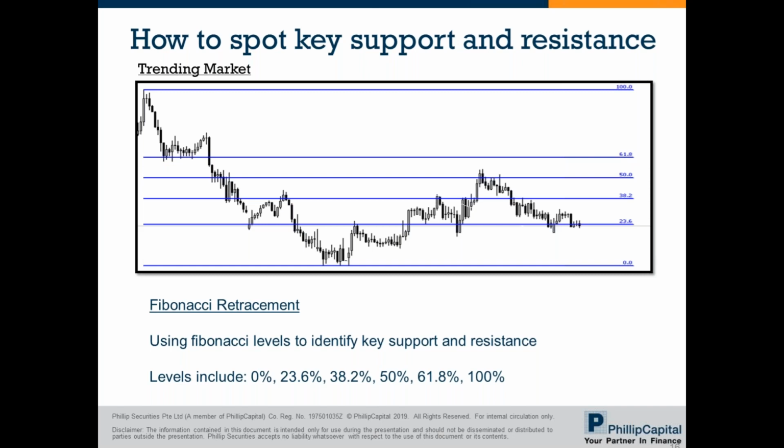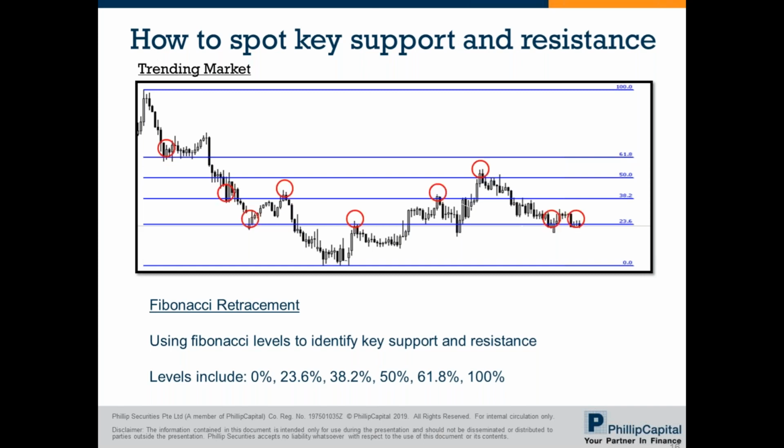So these levels are not only observed in the financial markets, but it is also observed in nature, right? So many things are found to follow these key numbers or ratios. So the ratios are as follows: 23.6%, 38.2%, 50%, 61.8%, and 100%.